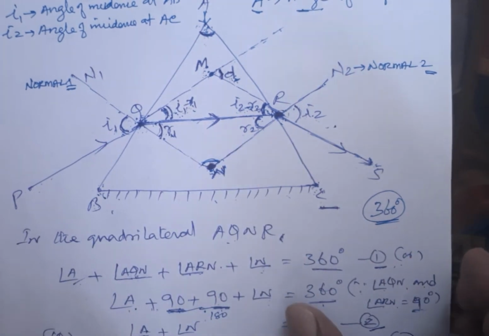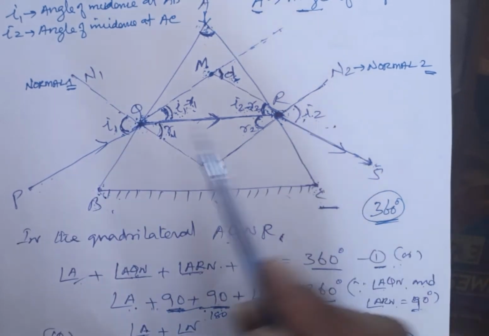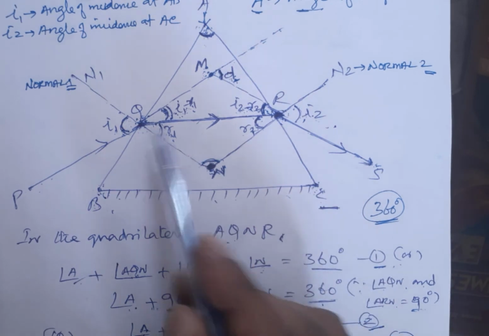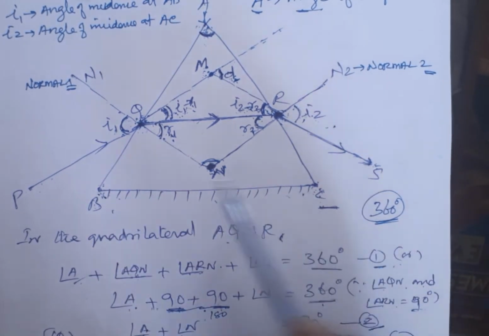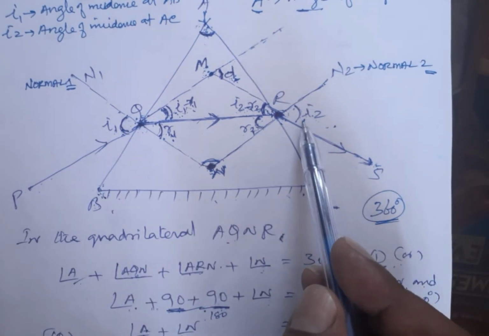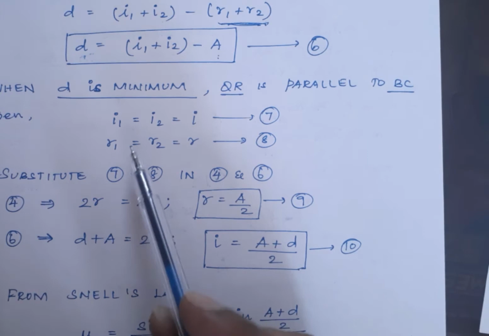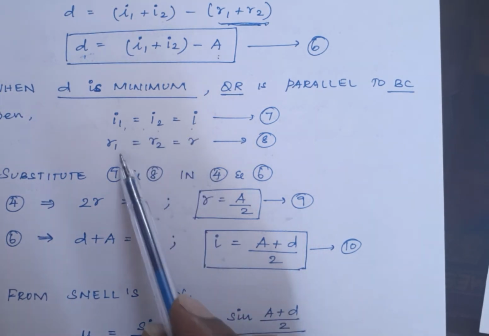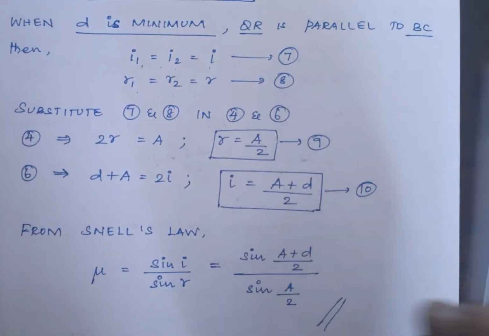So at this juncture, I1 is equal to I2 and R1 is equal to R2. For our simplification, we can write it as I1 equal to I2 equal to I, R1 equal to R2 equal to R. You name it as equation numbers 7 and 8.